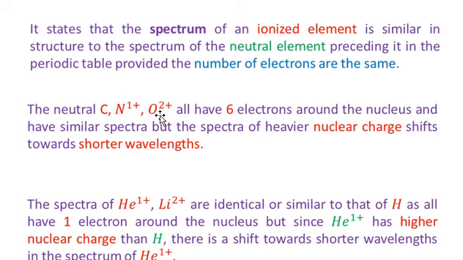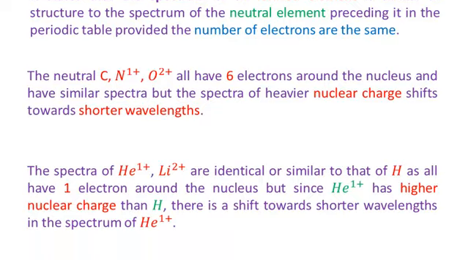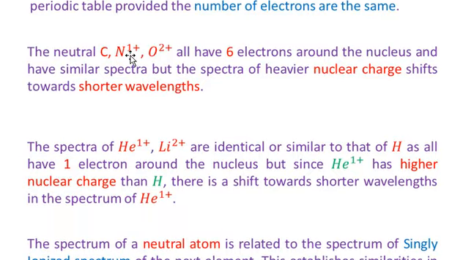Similarly, the doubly ionized oxygen spectra will be very similar to the spectra of carbon and singly ionized nitrogen, but slightly shifted towards shorter wavelengths due to the heavy nuclear charge, because singly ionized nitrogen and doubly ionized oxygen have heavier nuclei.